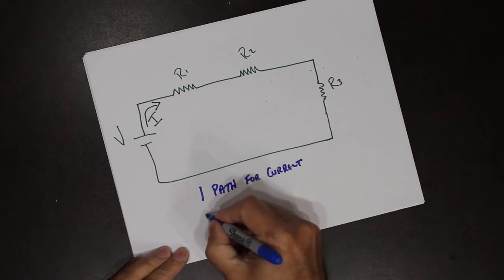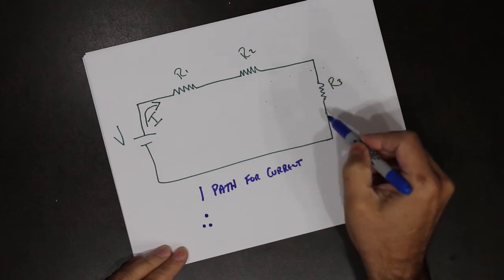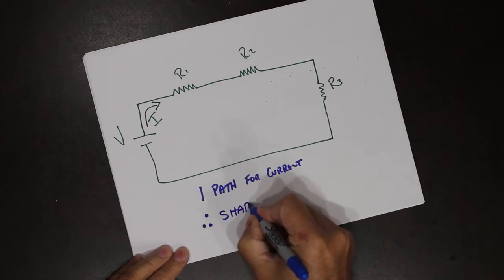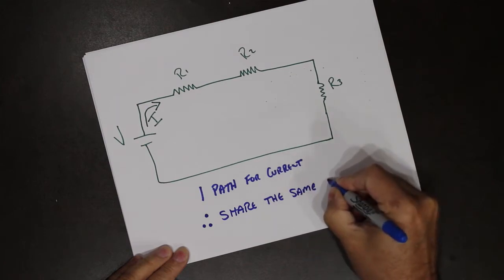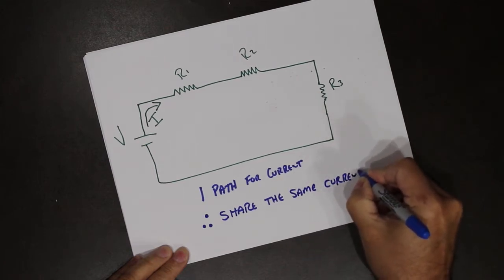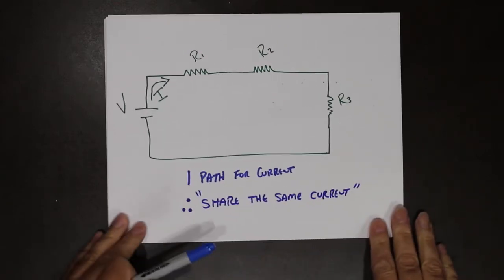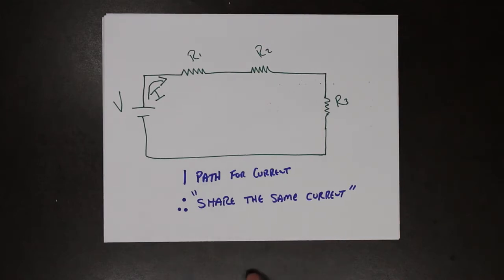So therefore, for resistors to be in series, they must share the same current. So that is the generic description of resistors in series. So resistors that are considered to be in series must share the same current.